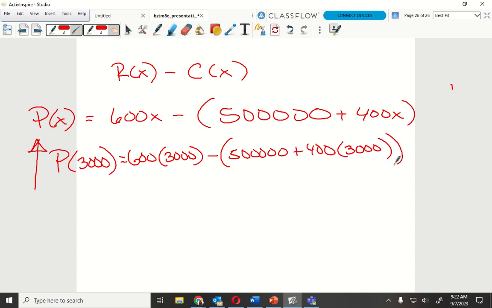All you have to do when you're doing this is plug all of this into the calculator as is. This is not a grapher. This is just calculate.